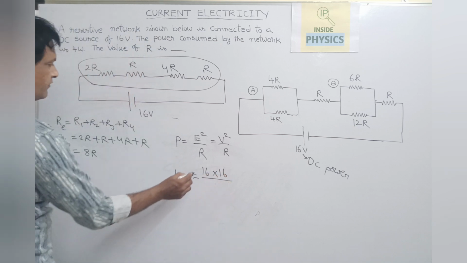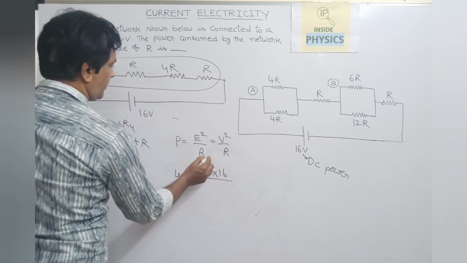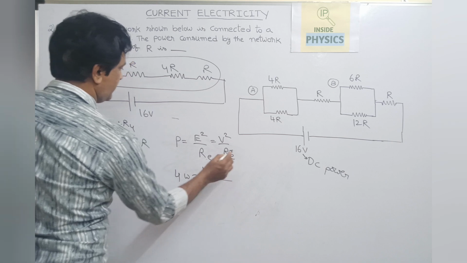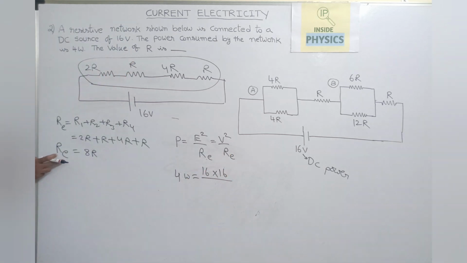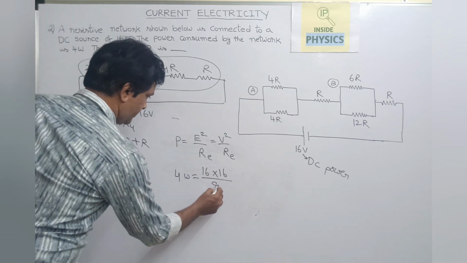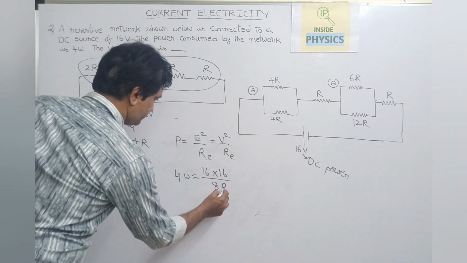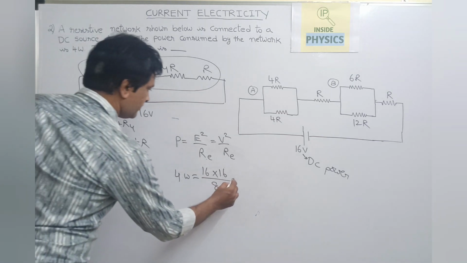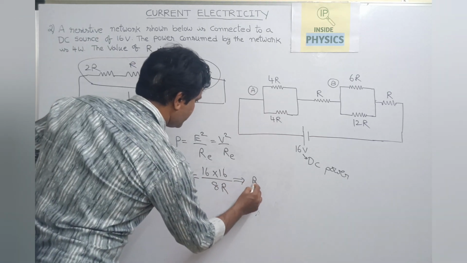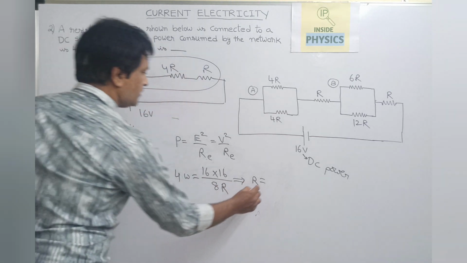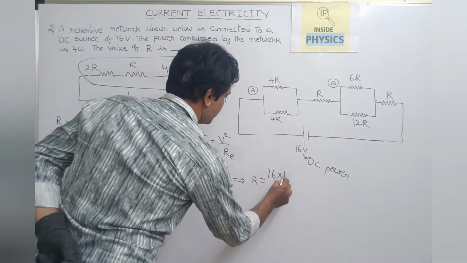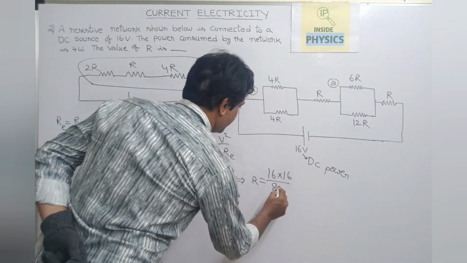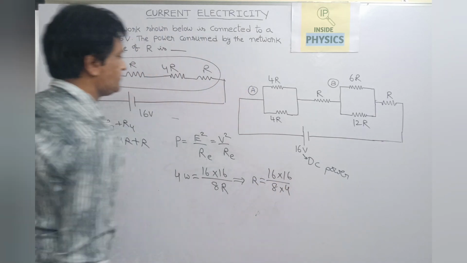But what is the effective resistance? In place of R we must write RE, that is this value, 8R. So by this we can write R is equal to 16 into 16 by 8 into 4.